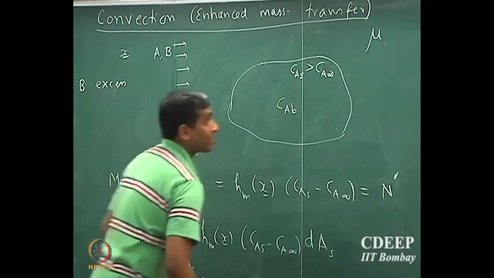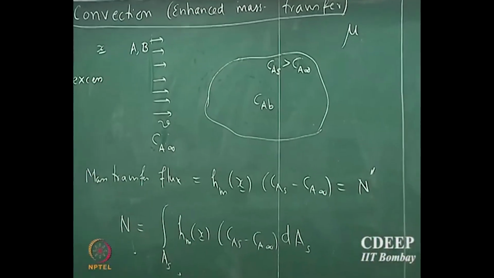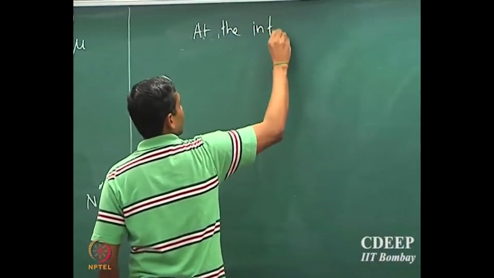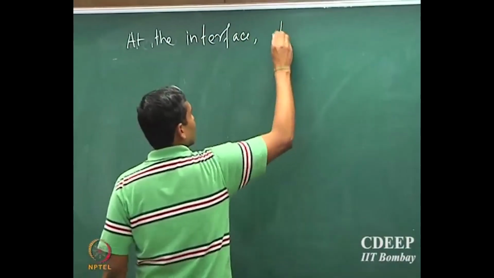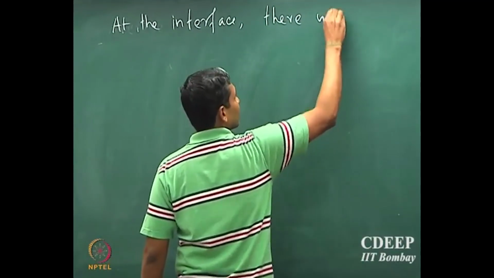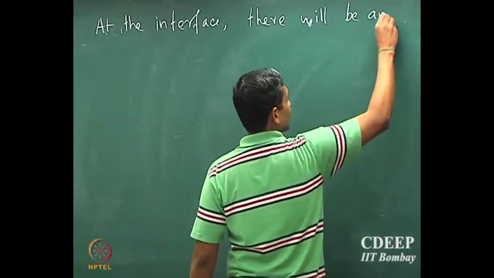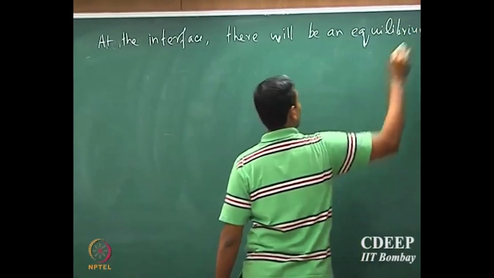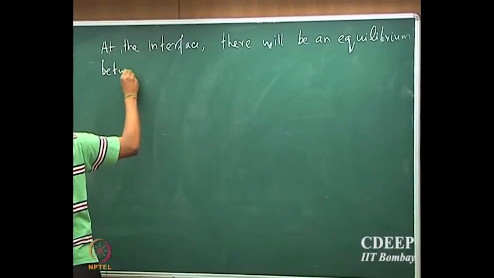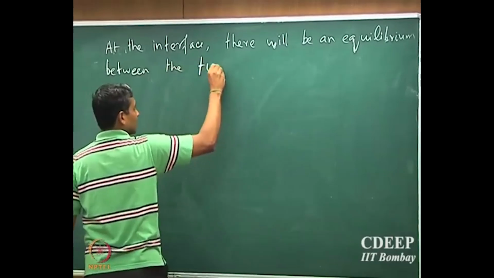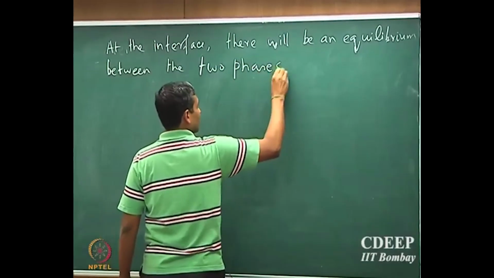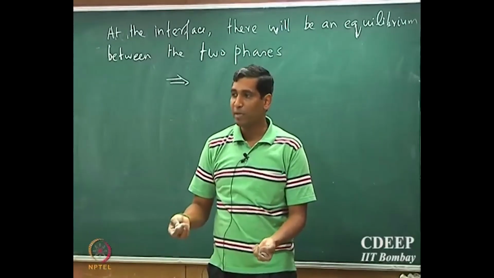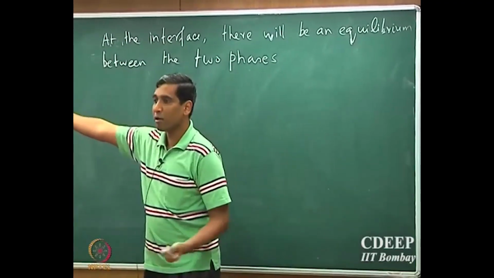Okay. So the correct way to do it is, at the interface, there will be an equilibrium between the two phases, which means that the chemical potential in the gas phase should be equal to the chemical potential in the liquid phase or a solid phase, right?